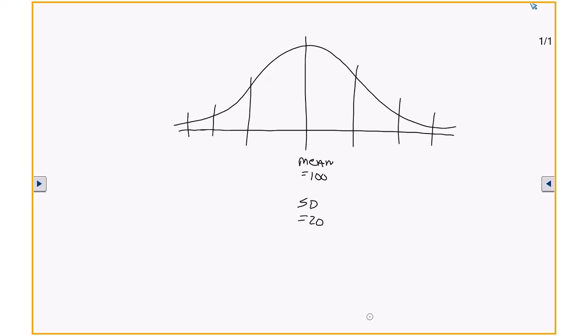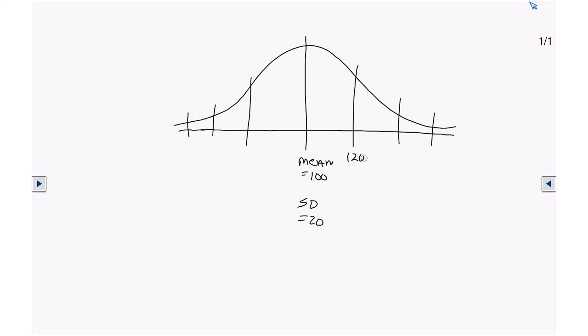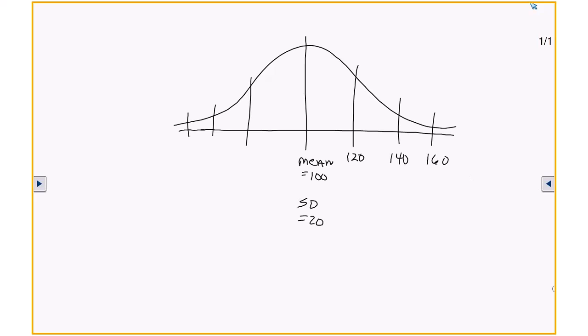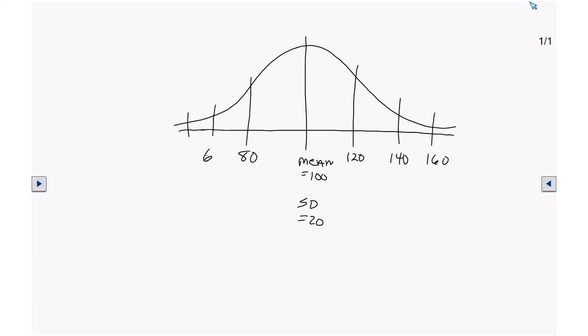Then this is going to be 120, this is going to be 140, and this is going to be what? 160. You add on the right. Remember the number line that you grew up with? The number line says, on the right you what? You add. On the left you what? Subtract. So that'll be 80, 60, and 40.